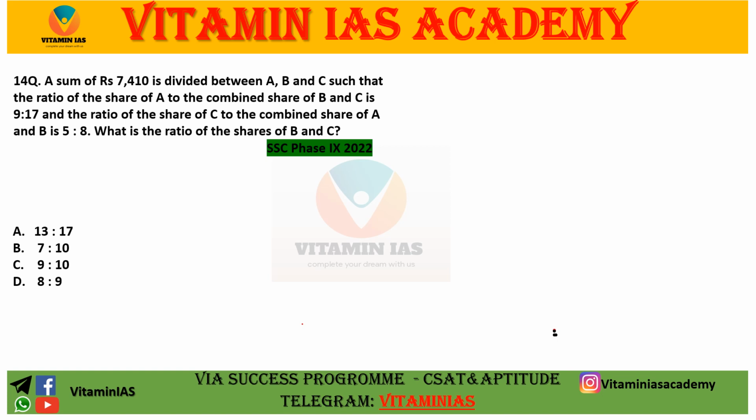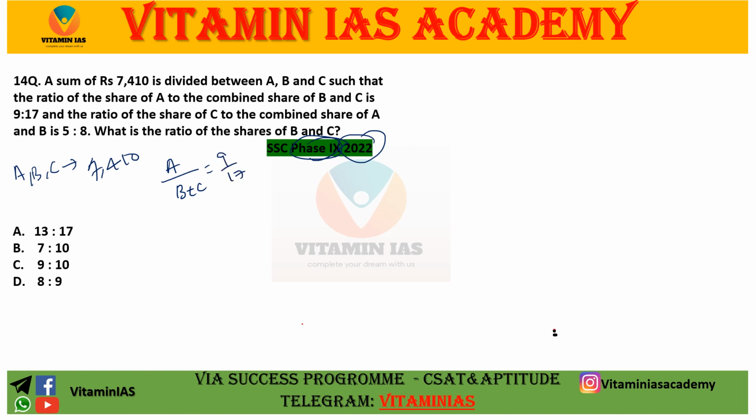Here is our next question, an SSC question. Page 9 question means very important question, and that too a recent 2022 question. A sum of 7410 is divided between A, B and C. Means A, B, C sum is 7410. The ratio of share of A to the combined share of B and C, means A by B plus C, is equal to 9 by 17.